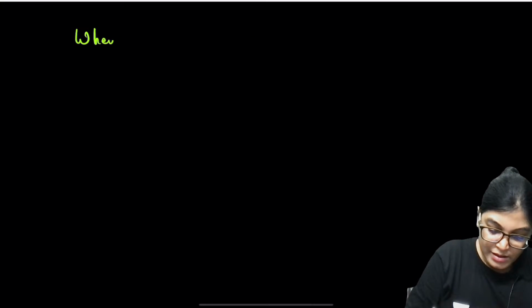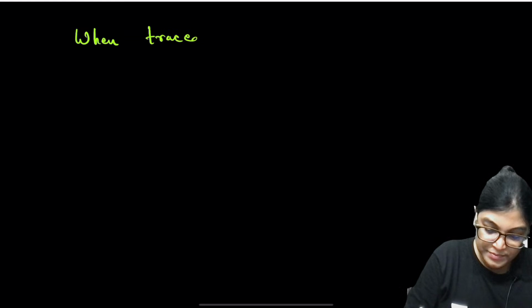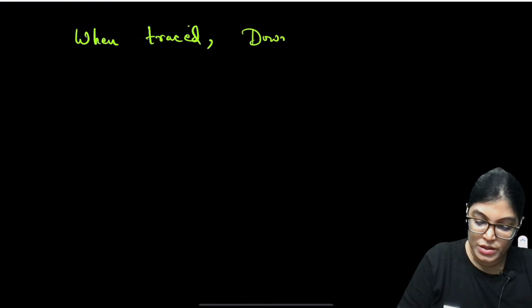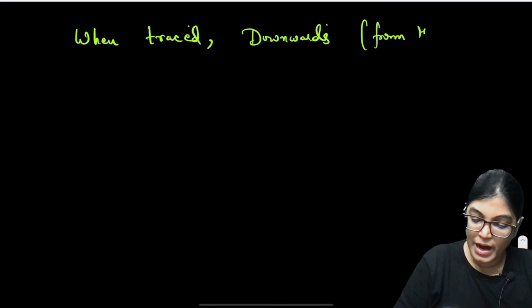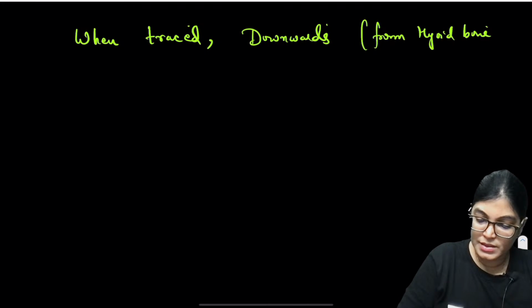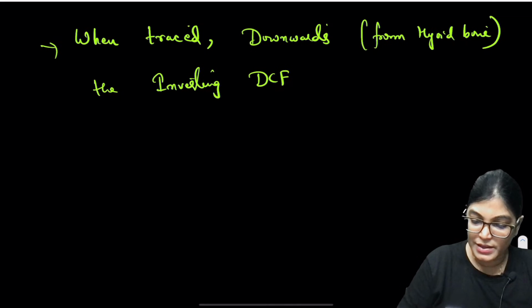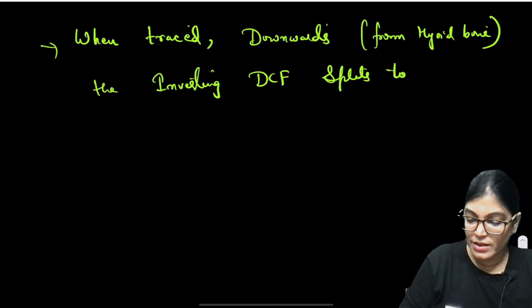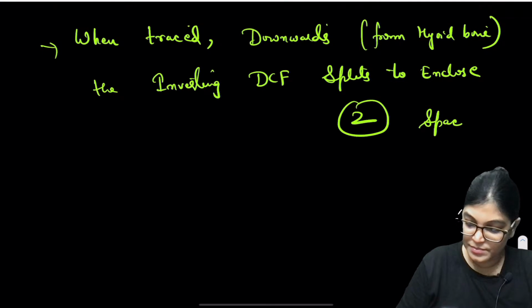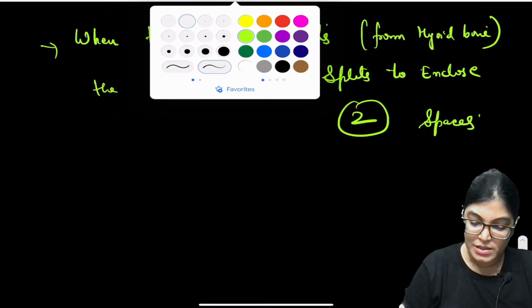So write down: when traced downwards, that is from the level of the hyoid bone, the investing layer of deep cervical fascia (DCF) splits to enclose two spaces. What are the two spaces enclosed, my dear aspirants?